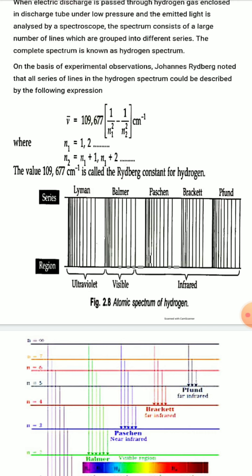If n1 is 1, then n2 is 2, 3, 4, 5. If n1 is 2, then n2 is 3, 4, 5, 6, 7, like this. Generally n1 is the lower energy shell, and n2 is the higher energy shell.